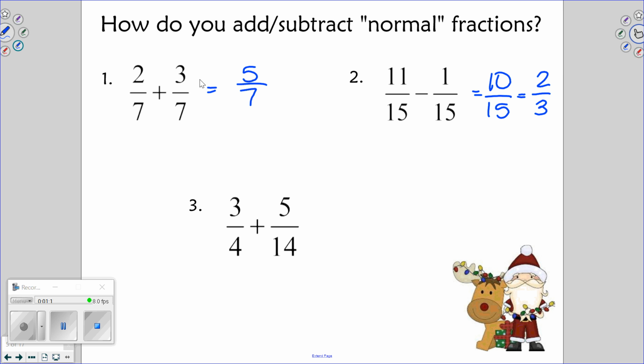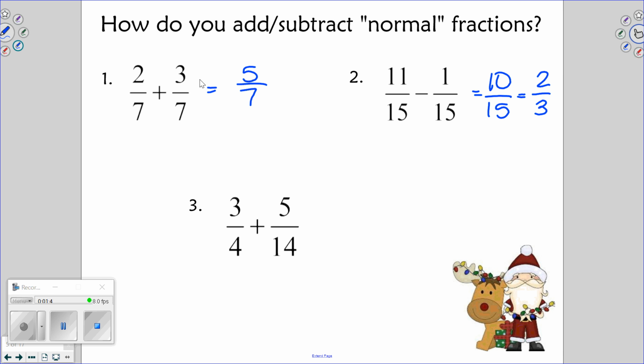All right, what about number 3? 3/4 plus 5/14. Christian? Yes. Your common denominator would have been a 16.